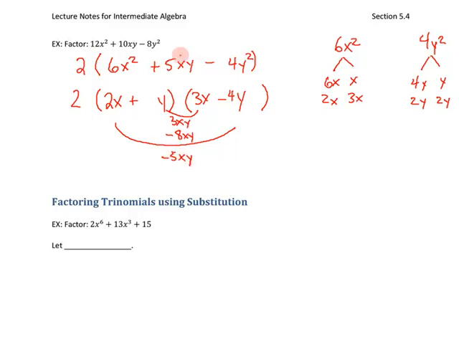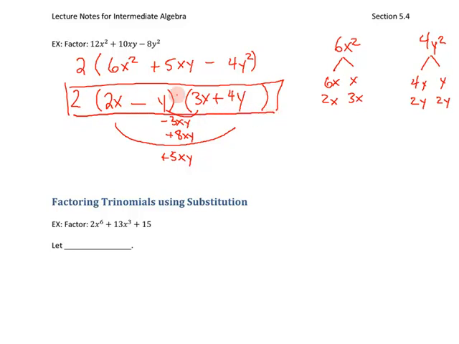We've got everything right but the sign. If that's the case, then just switch the inside signs from plus minus to minus plus. So the outside gives me plus 8xy. The inside gives me minus 3xy. Adds together to give me a plus 5xy. And there we go, completely factored.